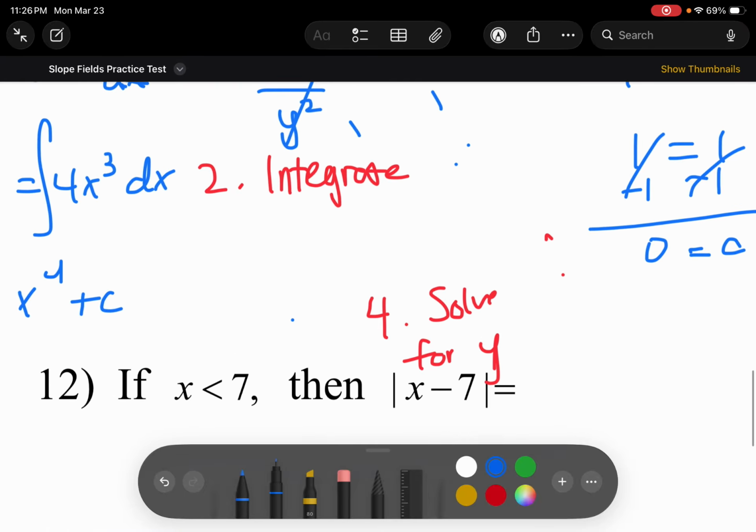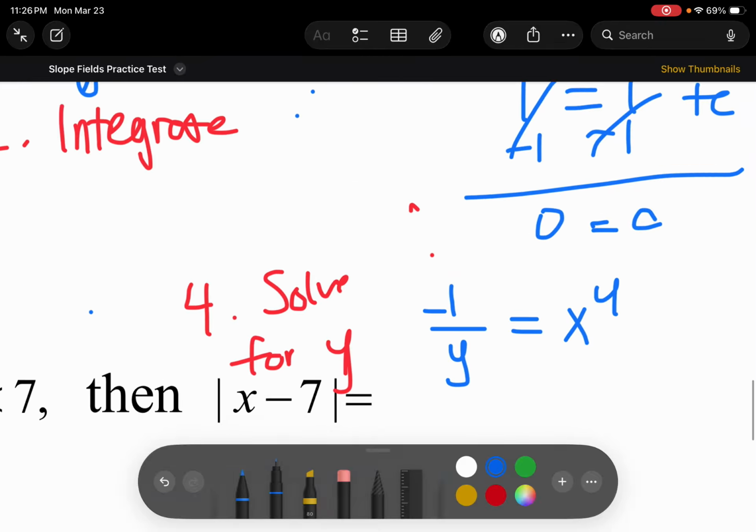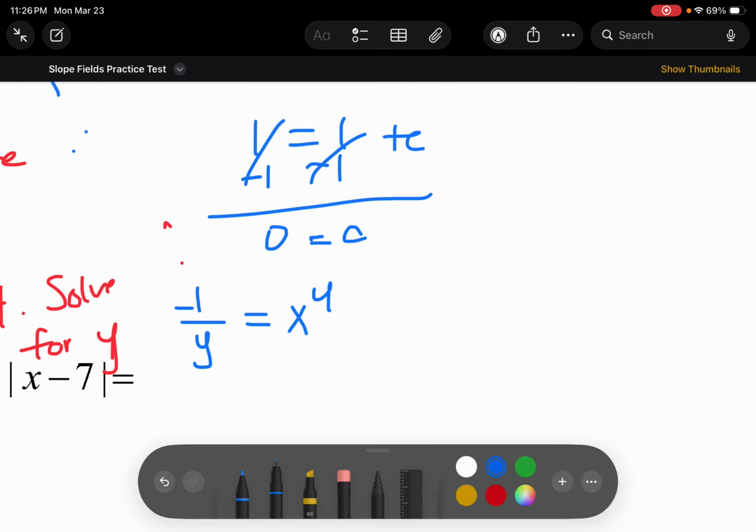Alright. So it's going to be negative 1 over y equals x to the power of 4. Oh, let me remove that negative. Actually, negative x to the power of 4, because we swapped the negative.